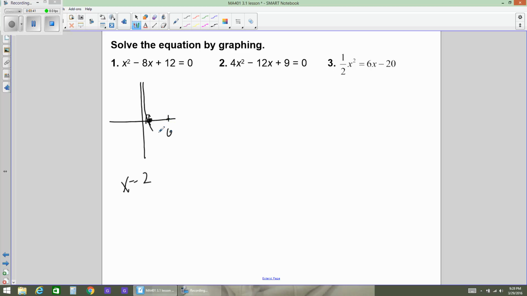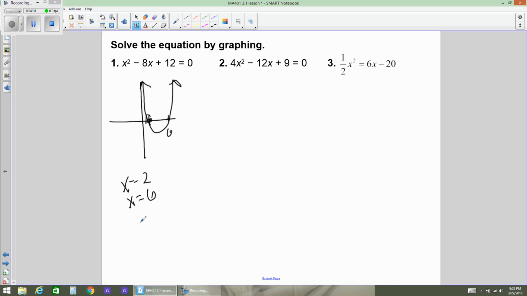So when I graphed it, it looked something like this. X equals 2 and x equals 6. All right, that's it, guys. Since we're not doing this by hand and we're just doing it in our calculator, that is really all there is to it. Go ahead and plug the next one in your calculator.